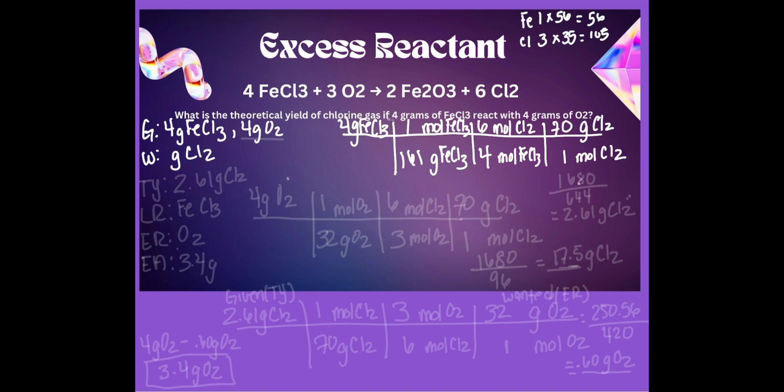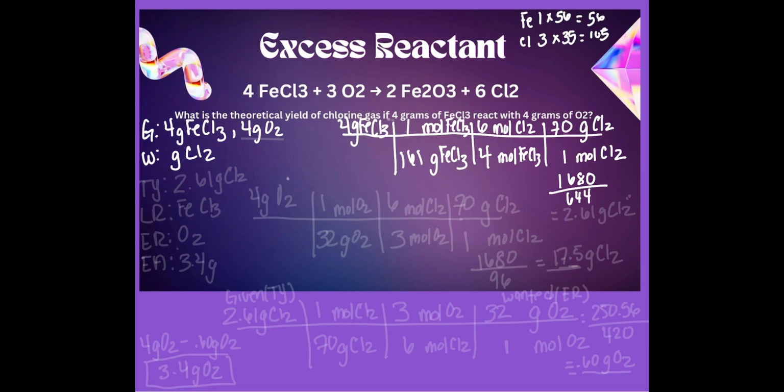Okay, so now that we have that out, we're going to multiply our numerator. So 4 times 1 times 6 times 70 gives me 1,680. That's my numerator value. Then I'm going to multiply my denominator, which is 161 times 4 times 1, which gives me 644.